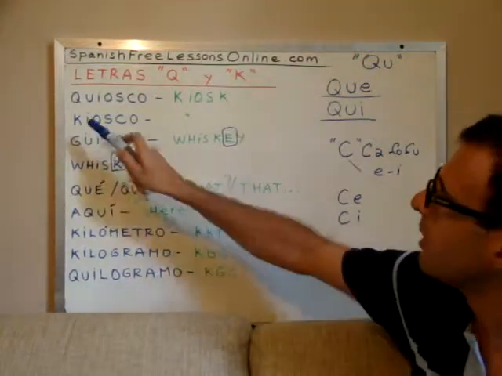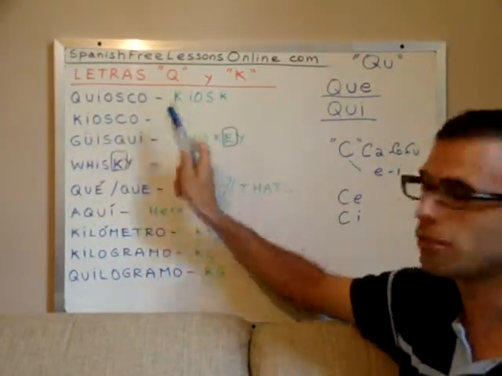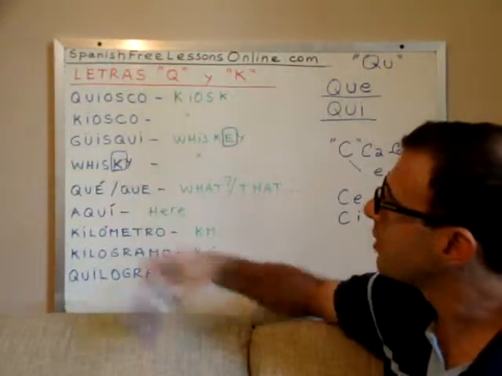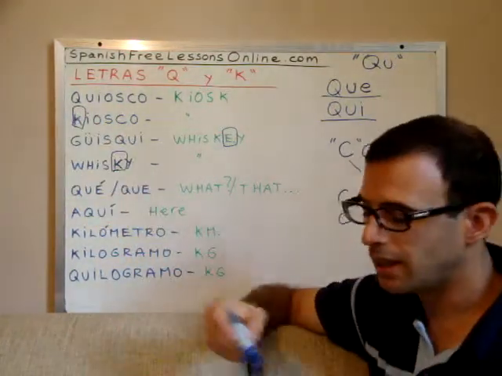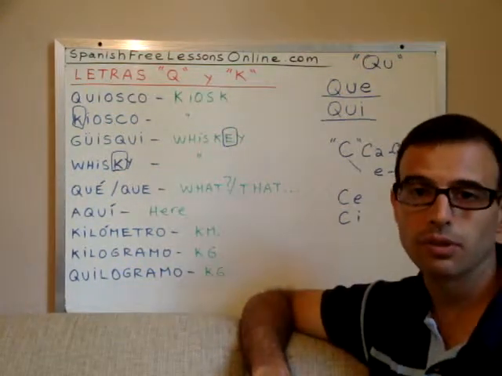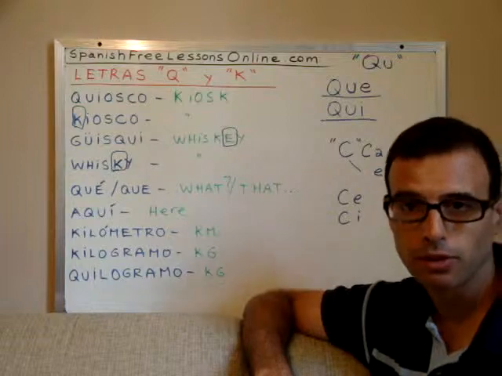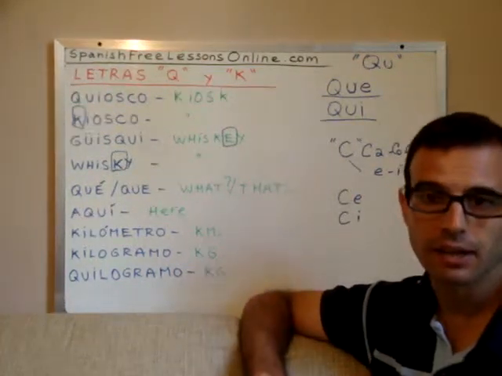However, also kiosco. Kiosco comes from kiosk, another English word. So it kept the K indicating that it's a foreign word that has been accepted by the Real Academia Española, the Spanish scholars.